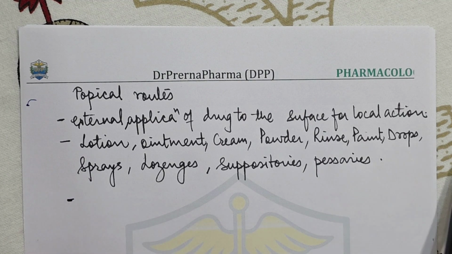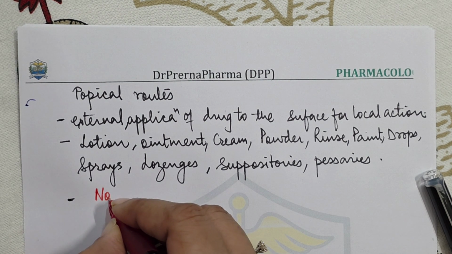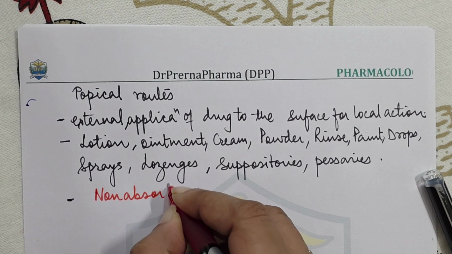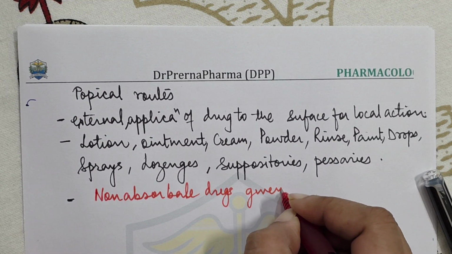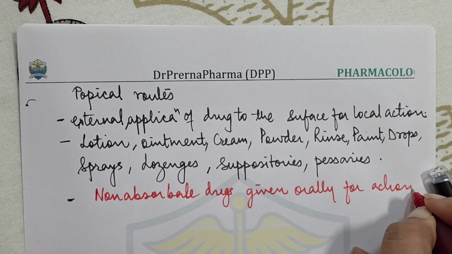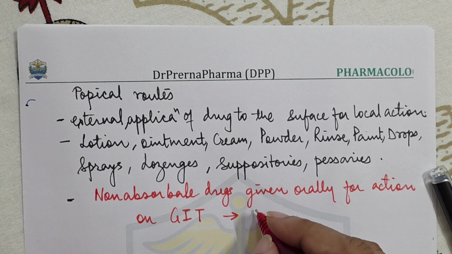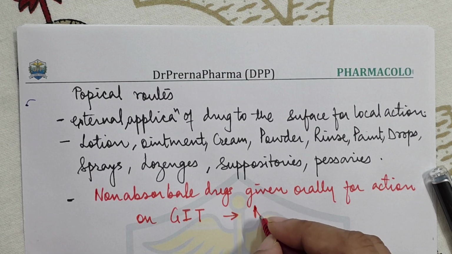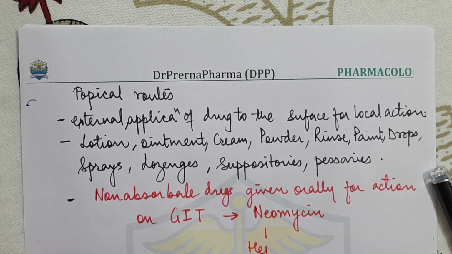Then another very important point: some antibiotics, like some non-absorbable drugs, are given orally for their action on the GIT. And what are they? There is a drug which is given orally in hepatic coma cases. So this is neomycin.